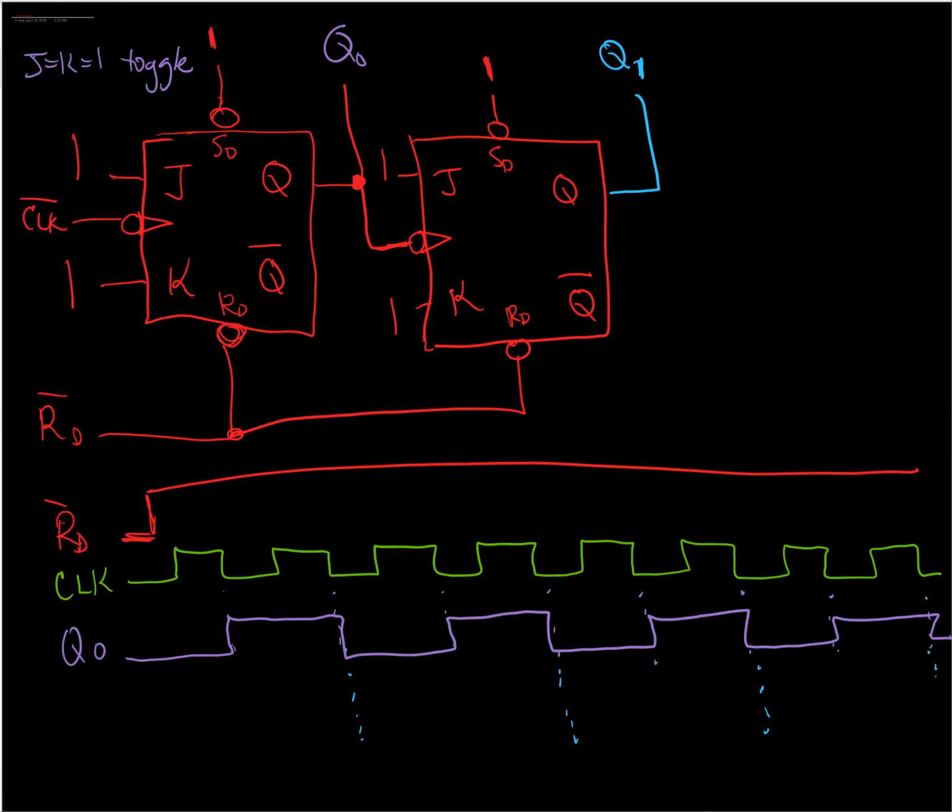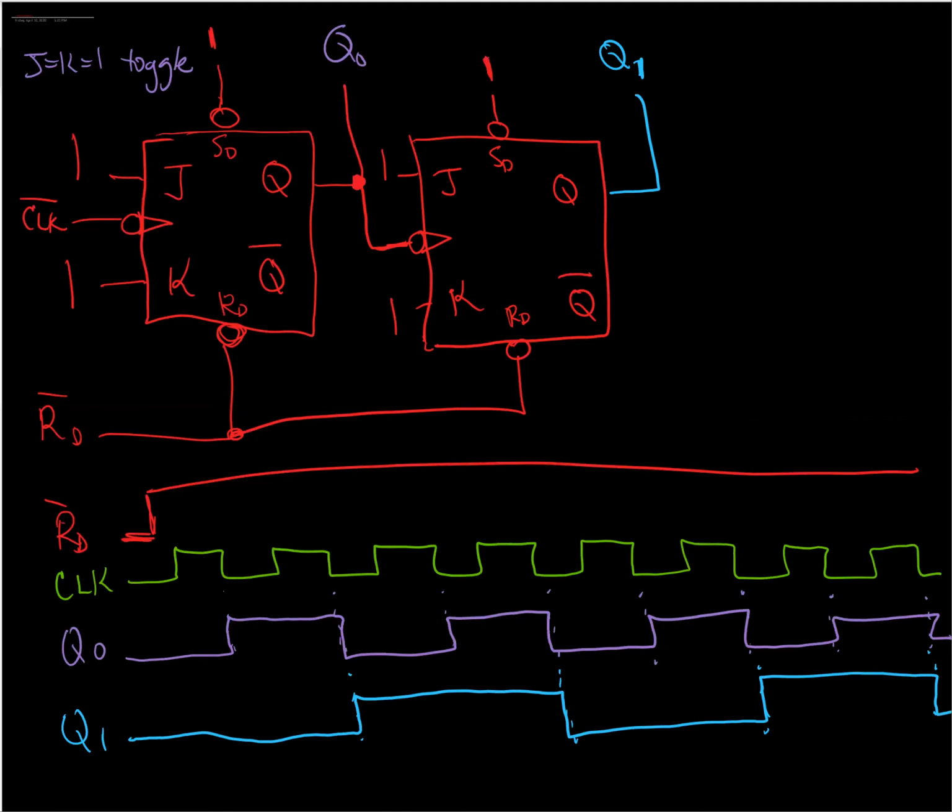So Q1 is going to start reset, and then on every falling edge of Q0, it is going to toggle, just like that. And that gives us a second bit for our counter.